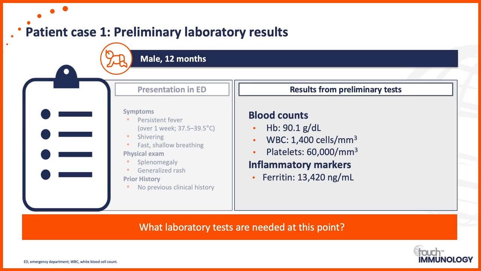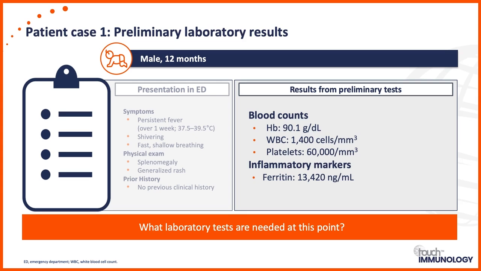So in the last segment, we mentioned a case that was still fairly bland. An approximately 1-year-old infant male presented to the ICU with fever and rash with some persistence and splenomegaly. The initial testing revealed a hemoglobin of 9, or 90 grams per deciliter in some countries, a white count that is relatively low at 1,400 total white count, and a platelet count of 60,000.